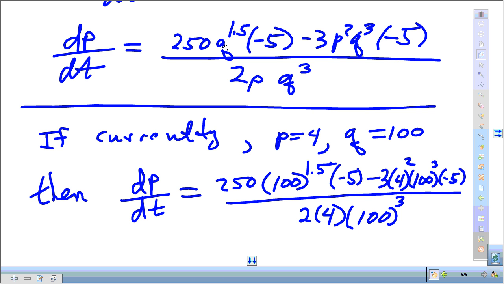So now I'm just substituting Q's with 100 and P. Every time I see a P, substitute a 4.